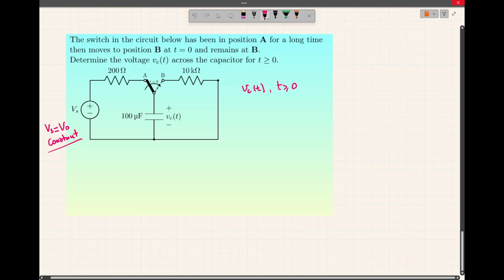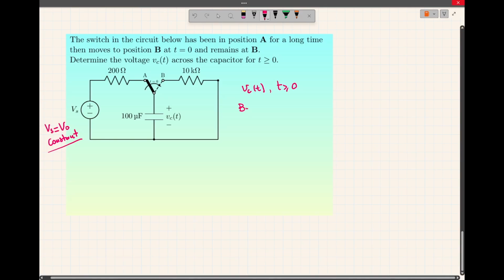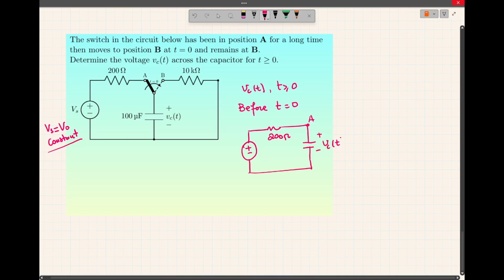Before t equal to 0, this is the network: 200 ohm, and then we have point A here, with the capacitor connected to point A, and the voltage across the capacitor is Vc of t.